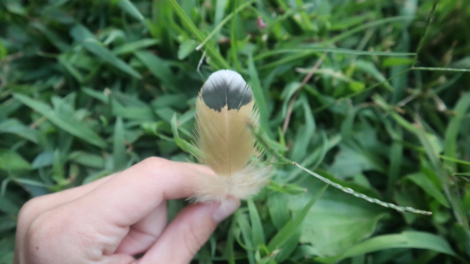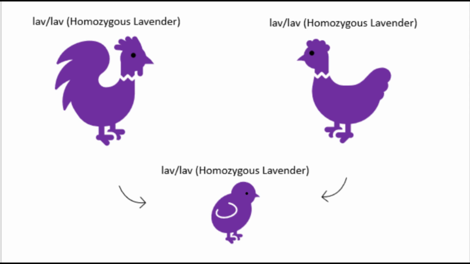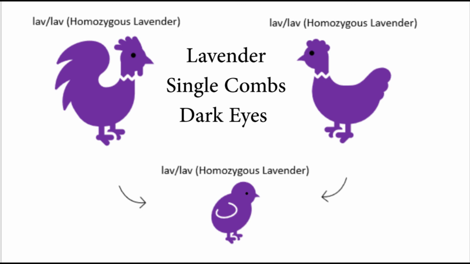So, if you want a lavender chick with a single comb and dark eyes, even though all these traits are recessive, you can make your Frankenstein bird most definitely have these traits by breeding a rooster and a hen who have all these exact traits. There will be no guesswork to what kind of bird you will get.